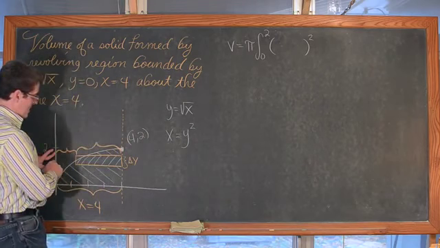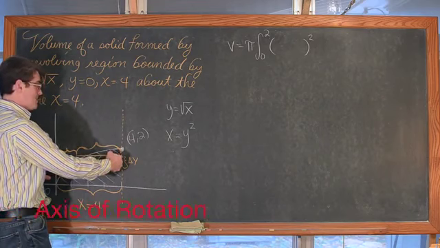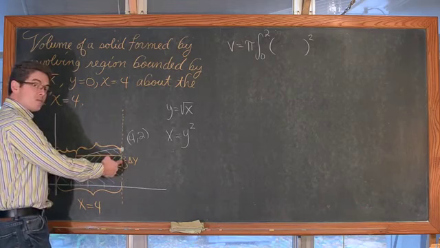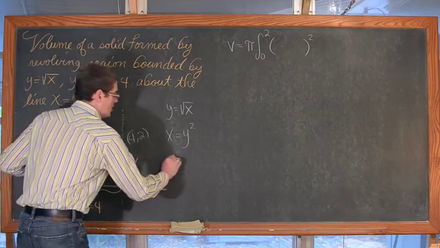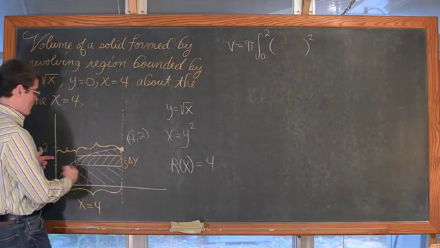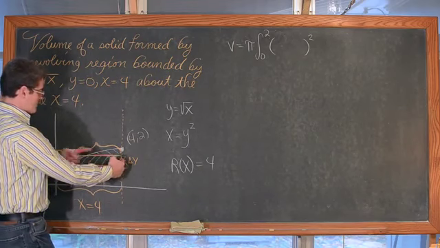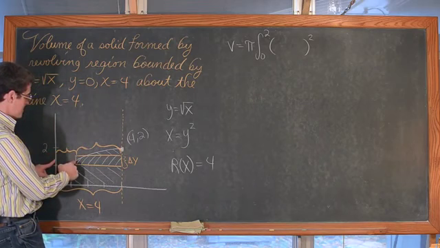As I go up the y-axis, the axis of symmetry, the right side of this rectangle, is 4 units away. So r of x is some kind of value of 4. But my rectangle doesn't go from x equals 4 all the way back to the y-axis. It stops. Well, what's this distance?